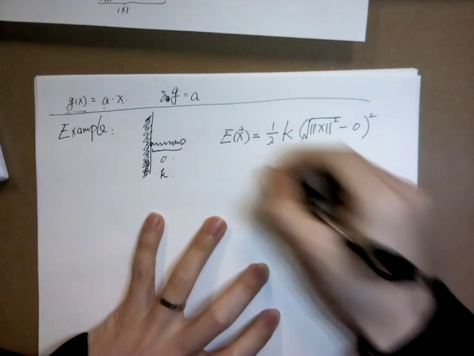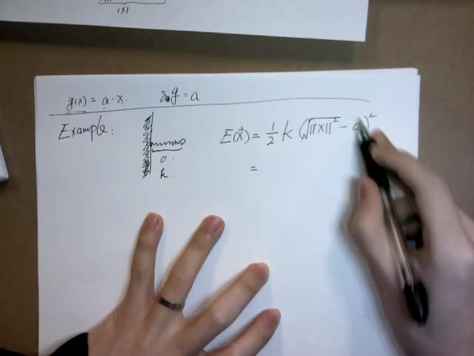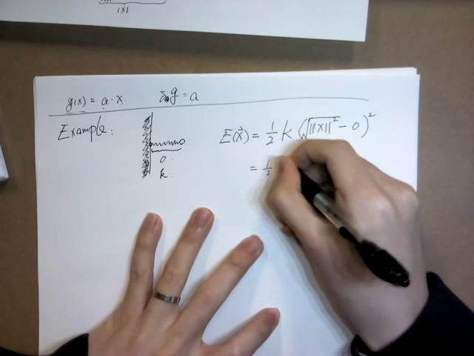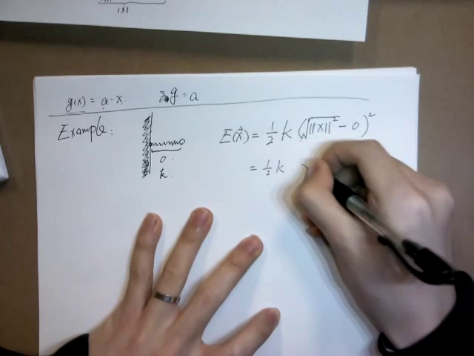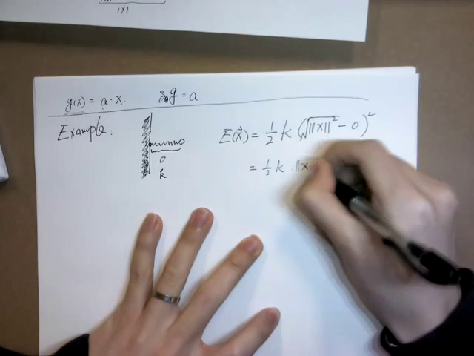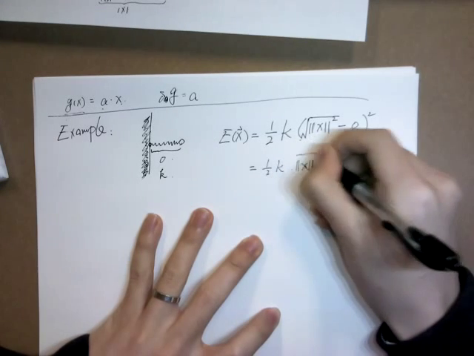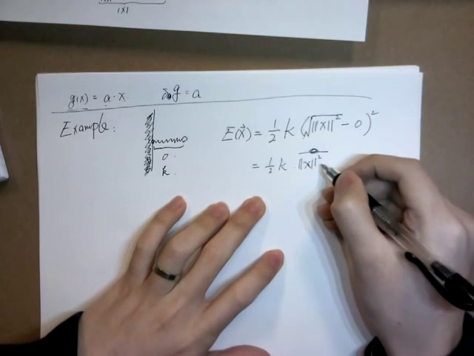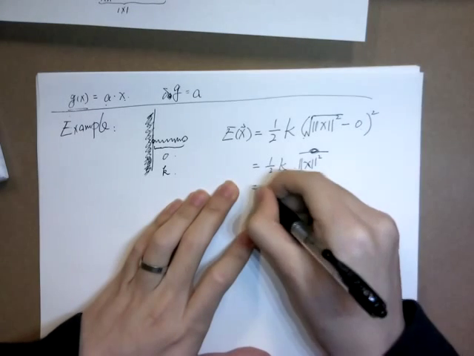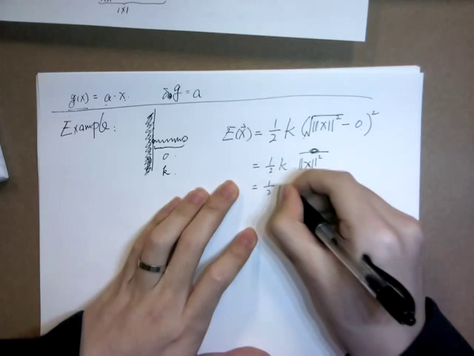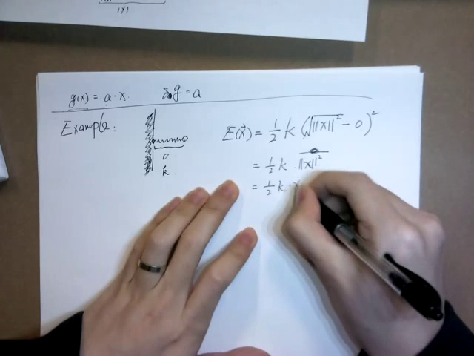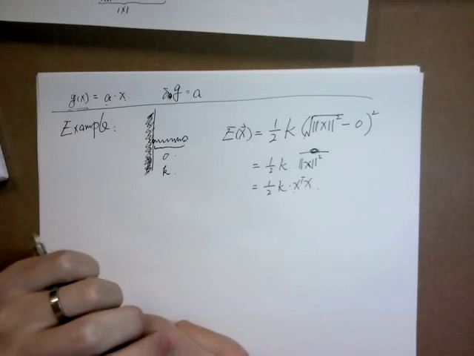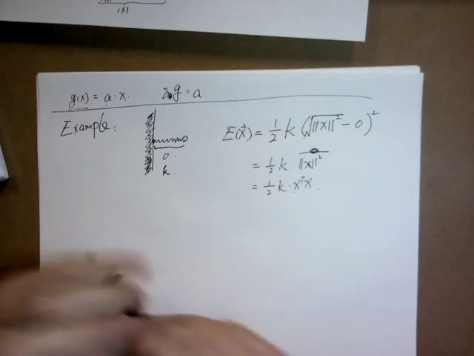And we can write it simpler because the rest length of the spring is 0. So I can simply write it as 1/2 of k times the norm of x squared. Also, I can write it as multiplied by x transpose x, because x transpose x is basically the squared norm of vector x. All right.